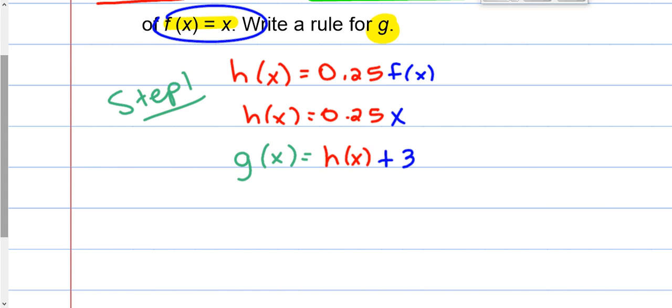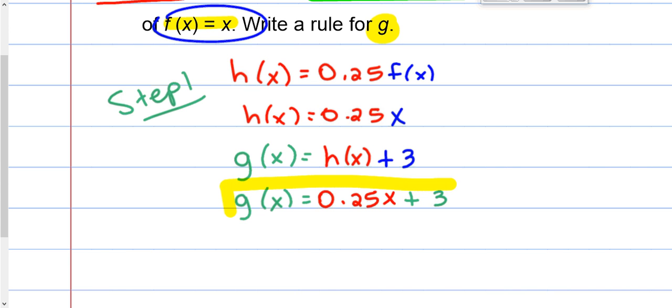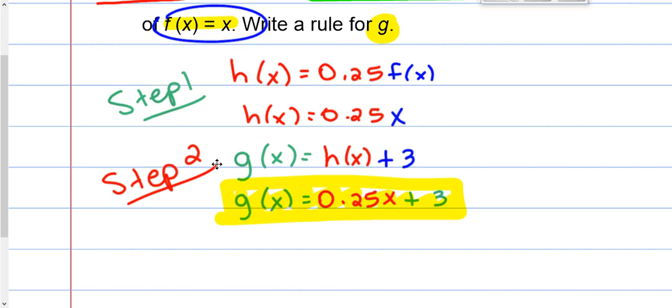So now all I have to do is plug in my h of x function. So g of x equals, my h of x was 0.25x, and then I have my plus 3 on the end. And there's nothing to simplify. So there's my answer. And if you need this labeled out to the side, this part right here was step 2.